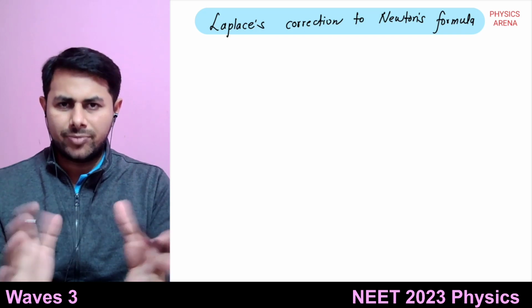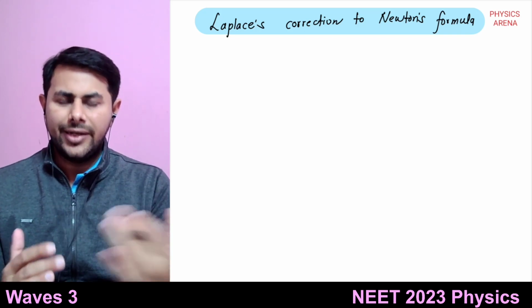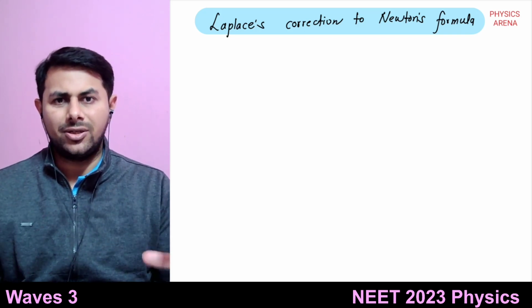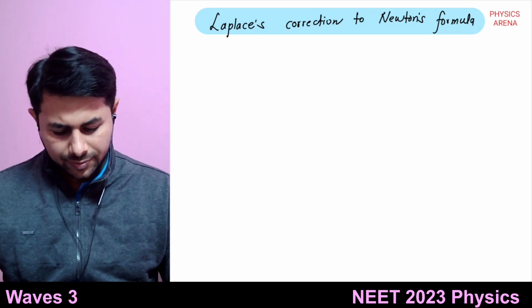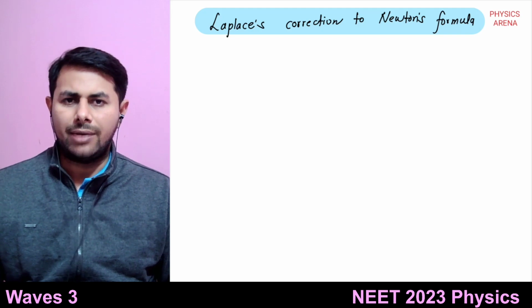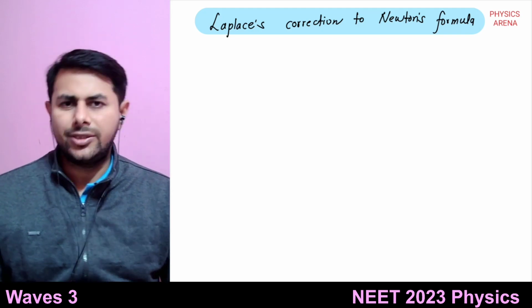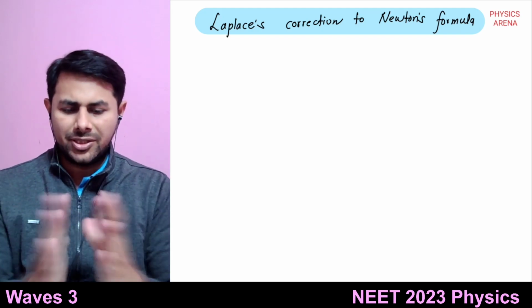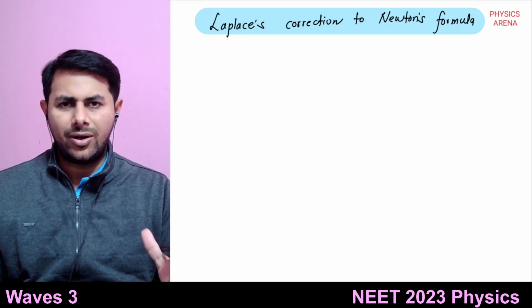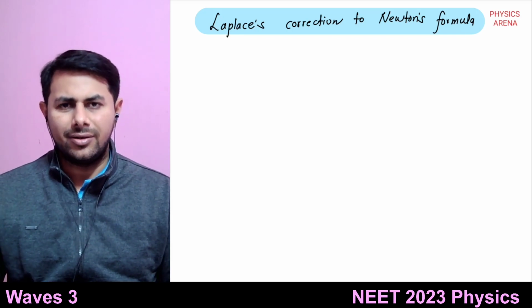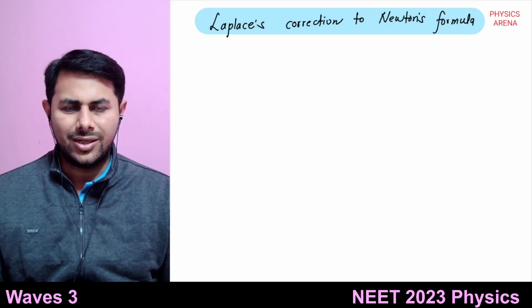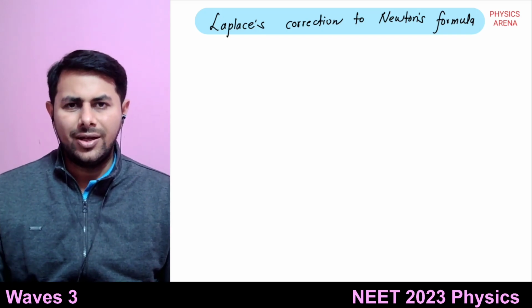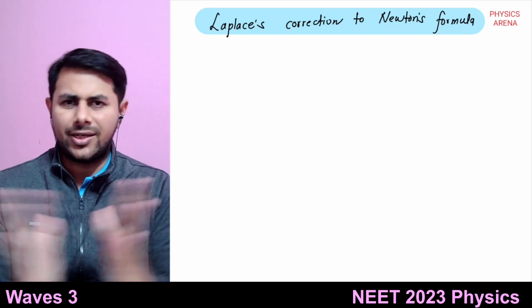So that part of the medium takes the heat from surrounding to keep the temperature constant. Now according to Laplace, this process is not slow. Compressions and rarefactions are formed at very high frequency. That means very fast.